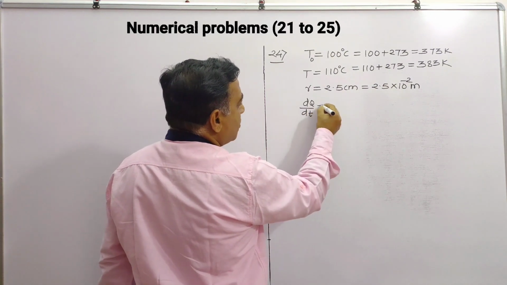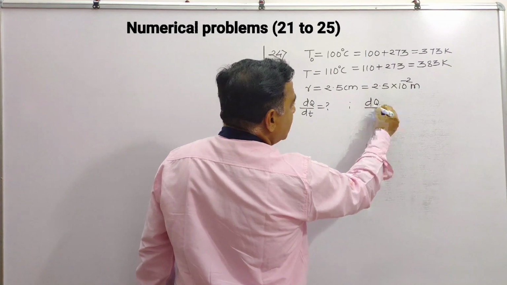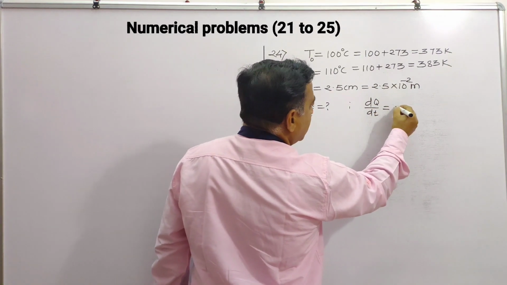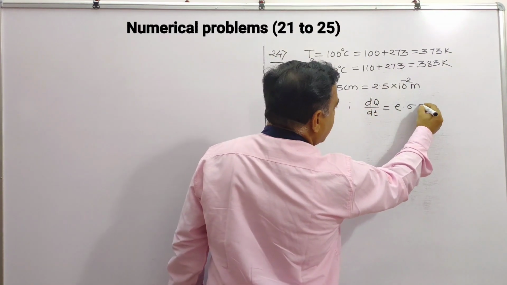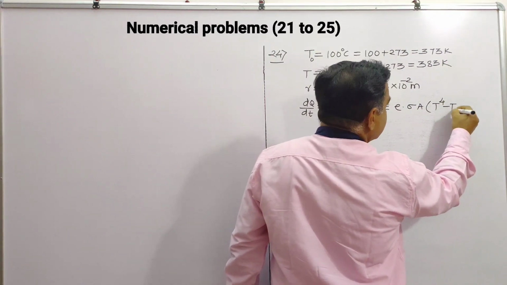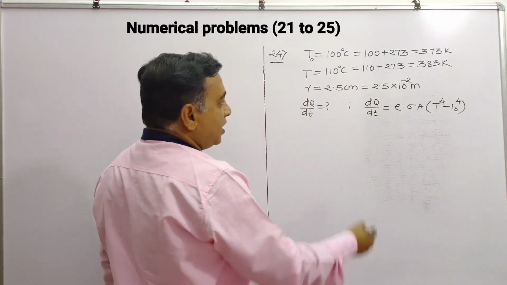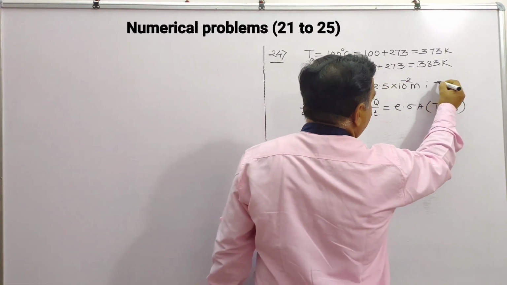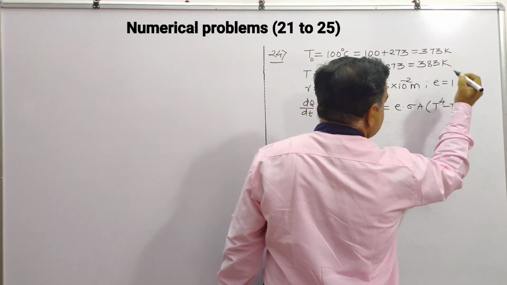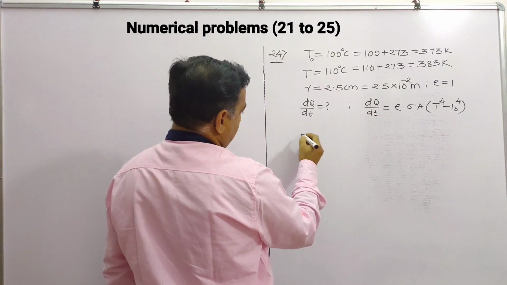We know the formula, dQ upon dt is equal to A into sigma into T raised to power 4 minus surrounding temperature raised to power 4. But here, considering the sphere as a black body, E is equal to 1.